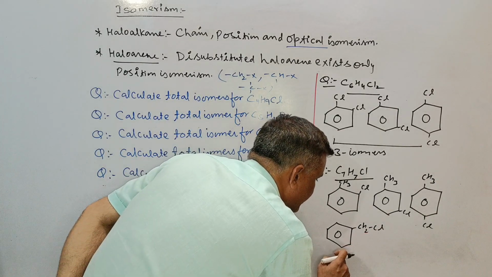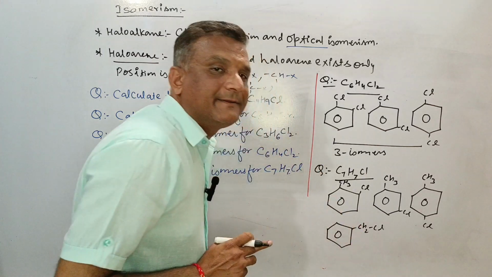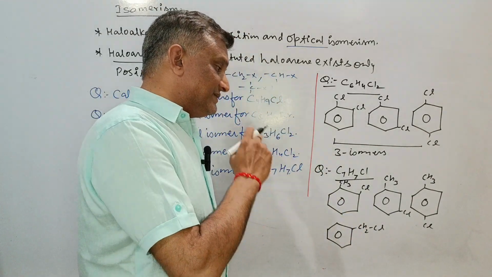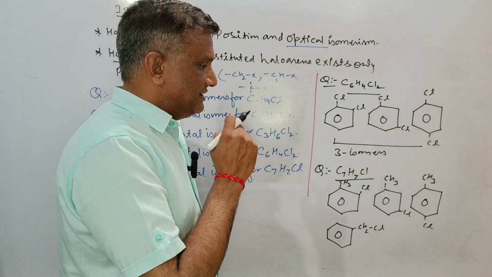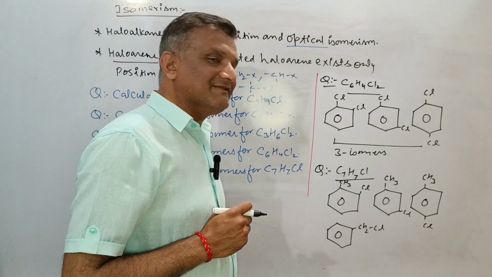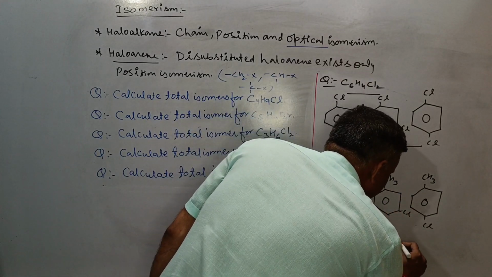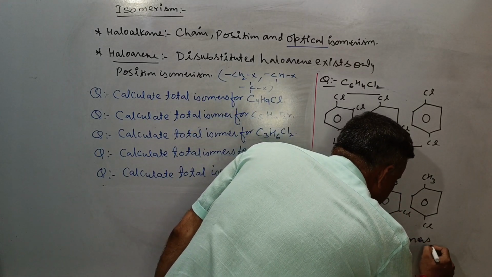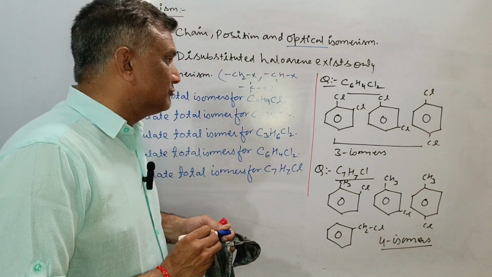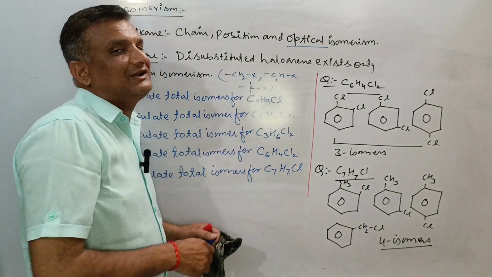Hydrogen 2, 3, 4, 5, 6, 7 and 1 Cl. So this was about the formula C7H7Cl. So here there will be 4 isomers. So this was about the total isomers for the question, and these questions are too important.